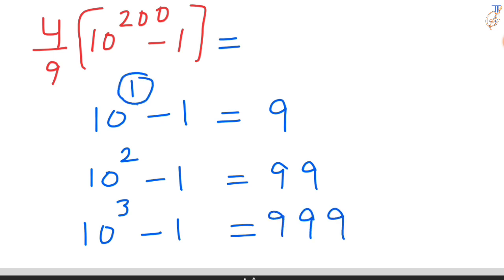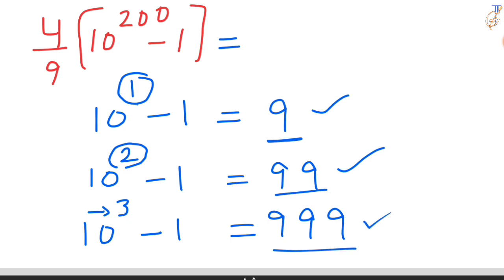In the power, if you have 1, the result comes in one digit. In the power, if you have 2, the result comes in 2 nines. If you have the number 3, in the power, you will get 3 nines. Similarly, if you have power 200, you will get 200 nines.